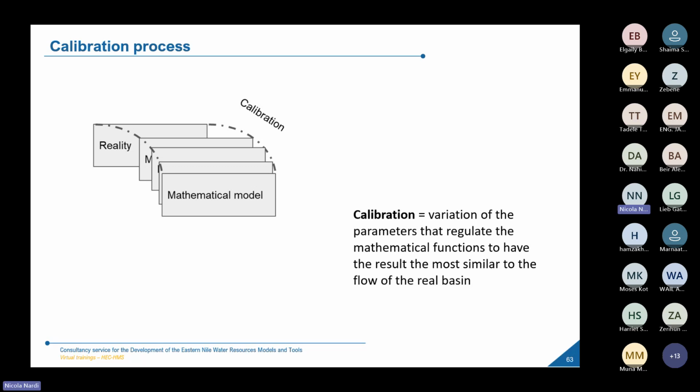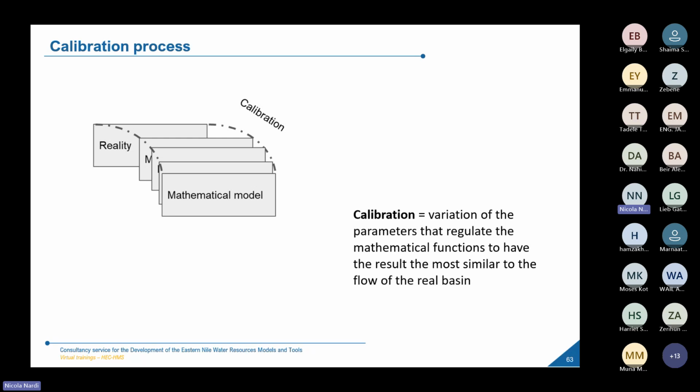So the calibration is the variation of the initial parameters that we have estimated, so that at the end of the day, the result that we obtain is most similar to the flow of the real basin. So it is most similar to the observed data that maybe we can have from the flow stations. And this is a process, okay?